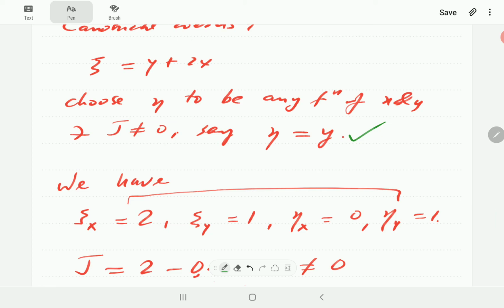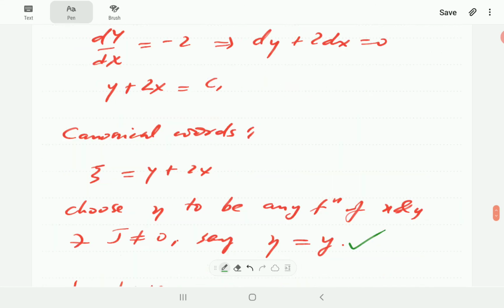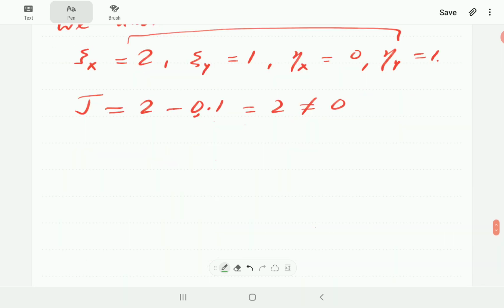Okay, then after that we're going to use the chain rule to find the x and y derivatives. So this time we're going to go through this a bit quicker because we've already dealt with the details in part A. So ux is going to be u xi xi x plus u eta eta x. Xi x is 2 here, eta x is 0, so the second term vanishes.